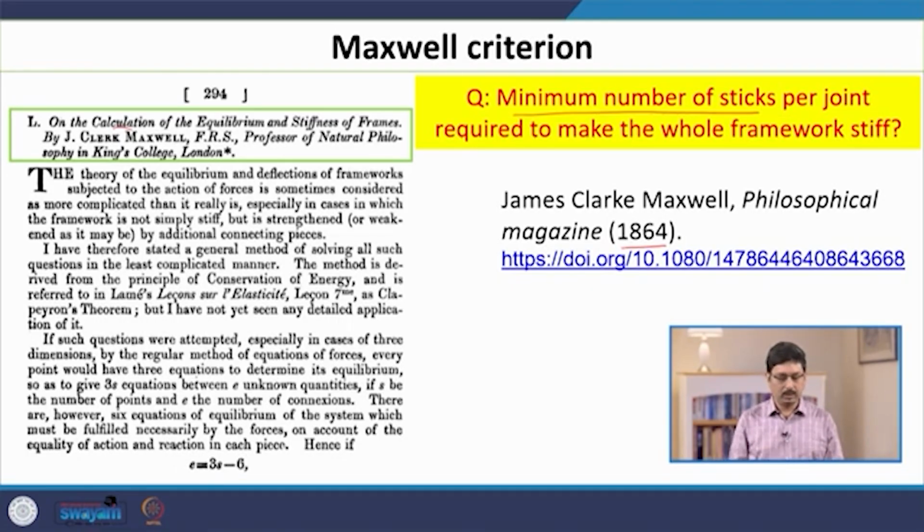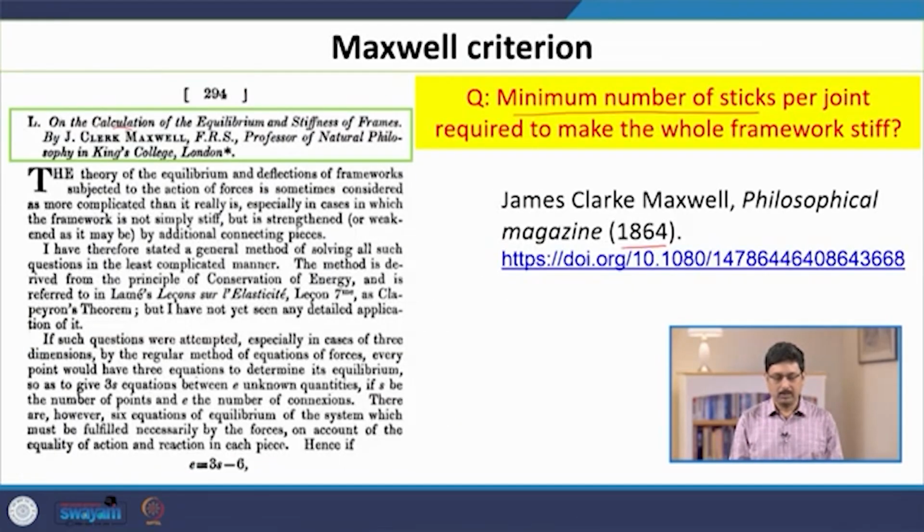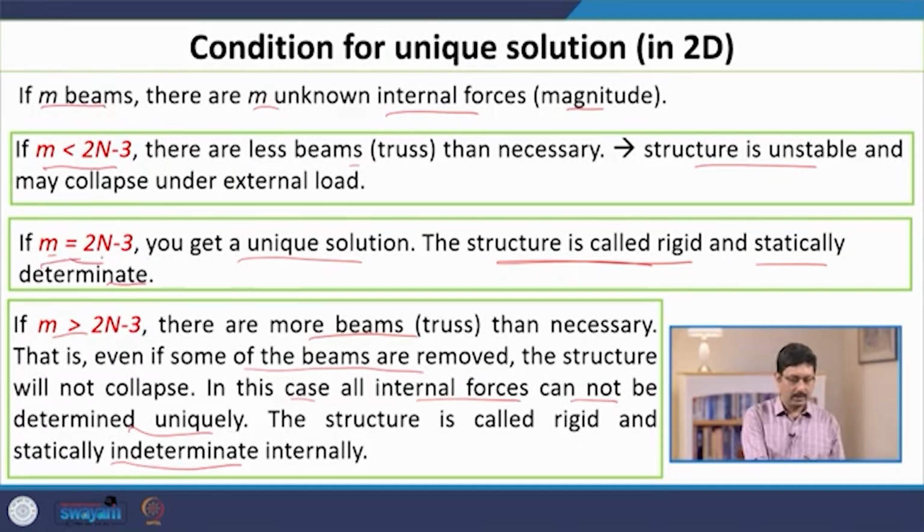And he gave a general method of how to solve this problem from a general physical point of view, applicable to any framework. I mention this because in modern times this particular approach, this criterion that we discussed, is nowadays called Maxwell's criterion.